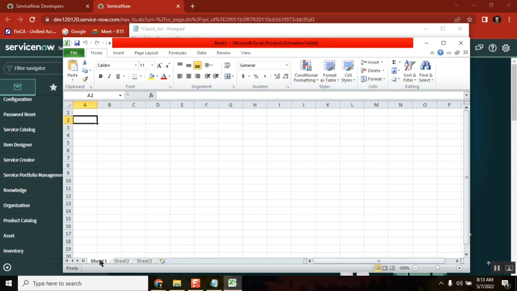This sheet is for transactions. Consider that in the database it is stored like this, in rows and columns. The table is not the transaction. The database is a collection of tables, and a table is a collection of rows and columns. This is a row and this is a column.